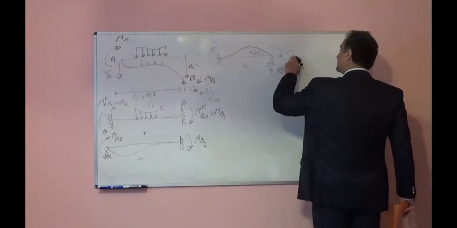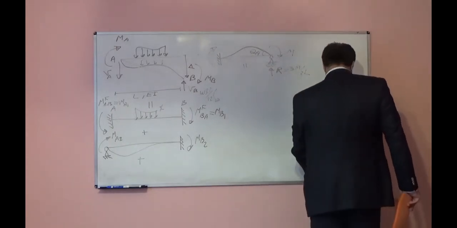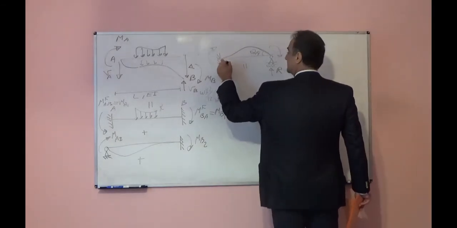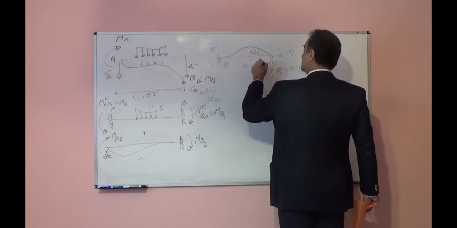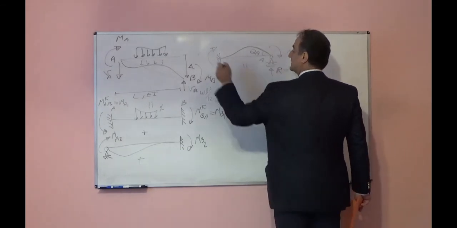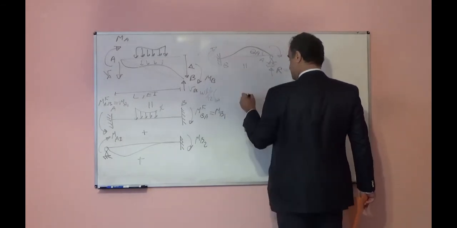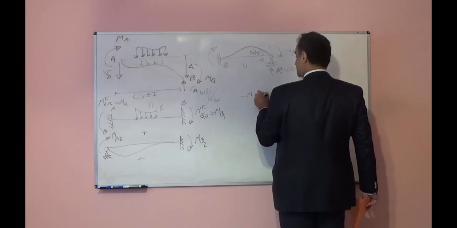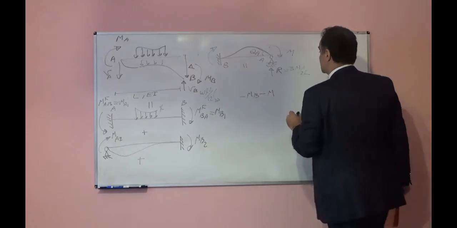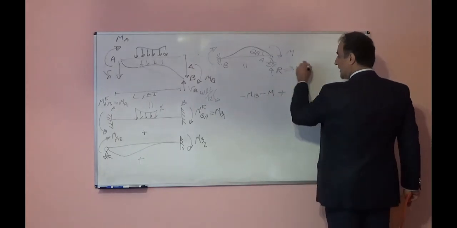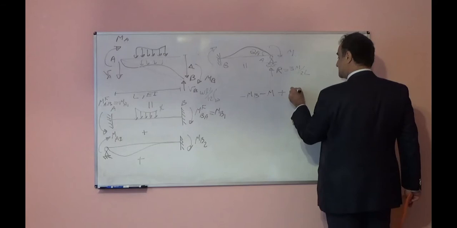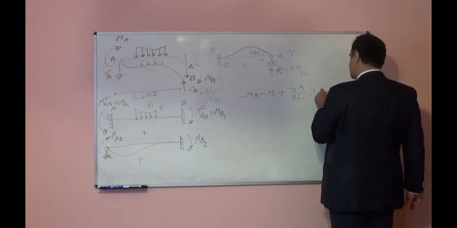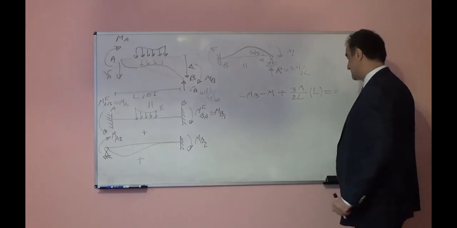If I apply, for example, M, what is the reaction moment here? This is, for example, point B, this is point A. If I take moment with respect to here: minus MB minus M plus R times L, 3M over 2L times L, is equal to 0.